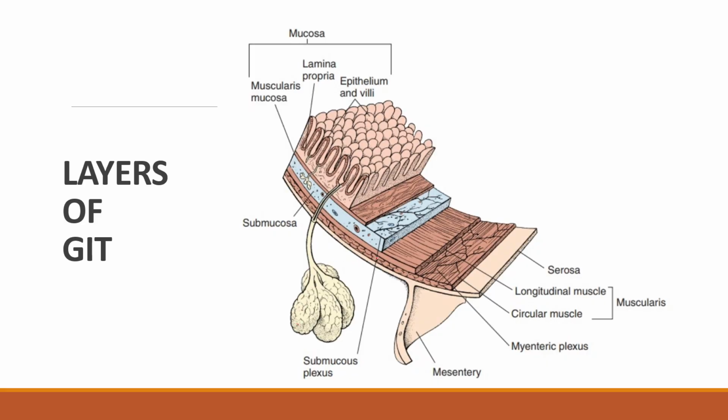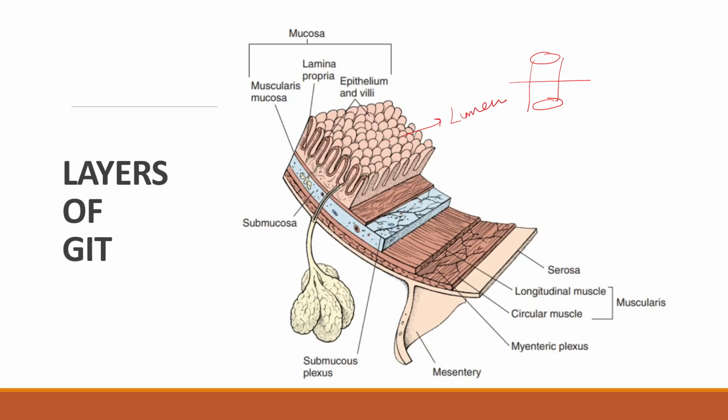Then about layers of gut, that is also important. So we have various layers of gut. If you cut the whole tubing from esophagus till anus, you cut everywhere, the same 5 linings are present, right? So this is your lumen side, fine.